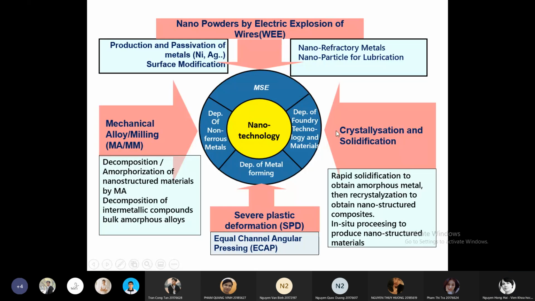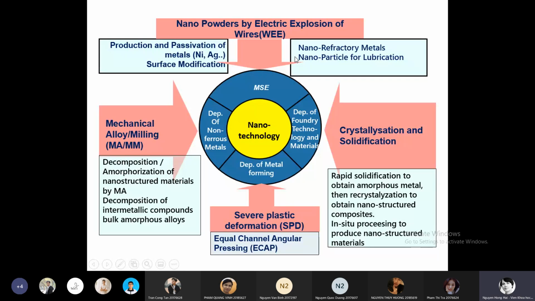So by the crystallization and solidification process, it is in our department of foundry technology and material, and we are now studying this process. And there's another way, nano powder by electric explosion of wire. There is not any research on this in our institute, but maybe we will do some research on this topic. We can prepare nano powder by electric explosion of wire.